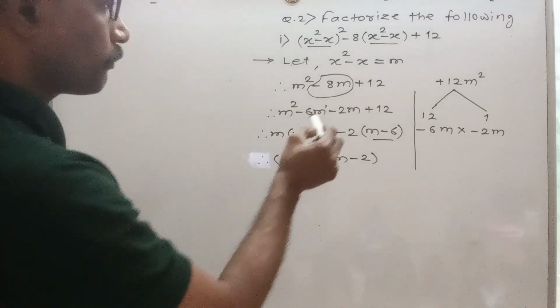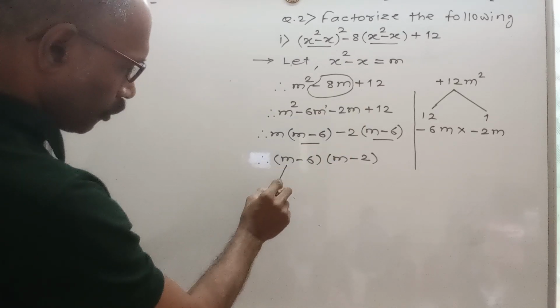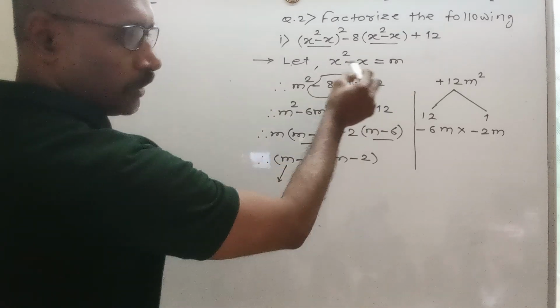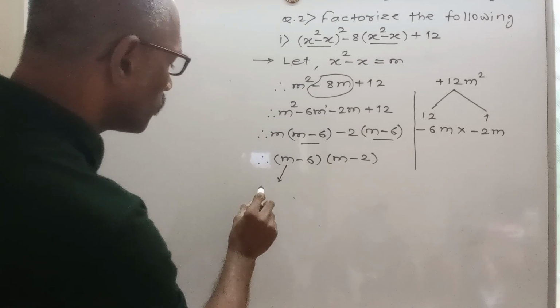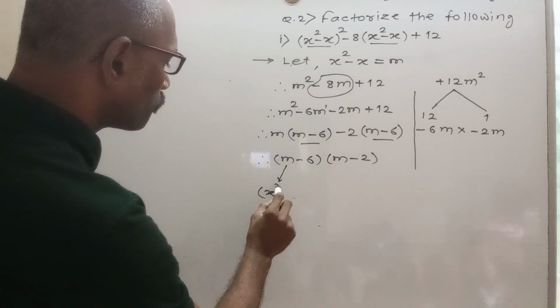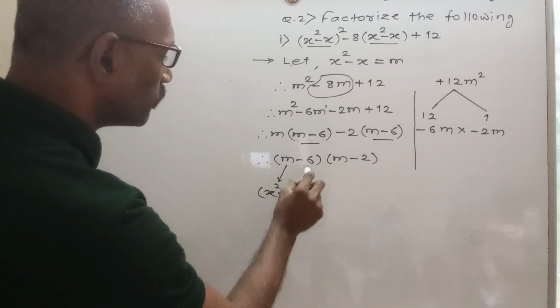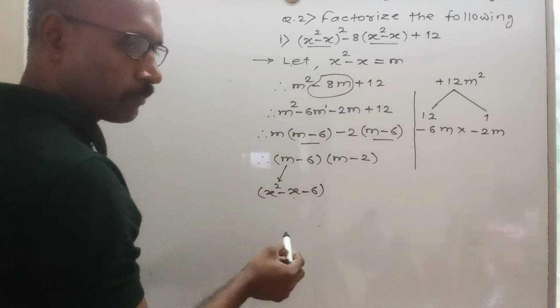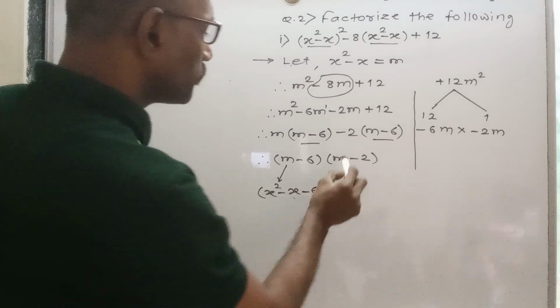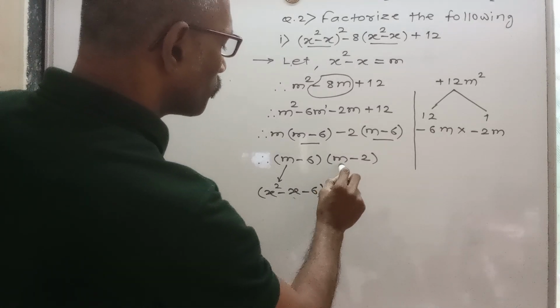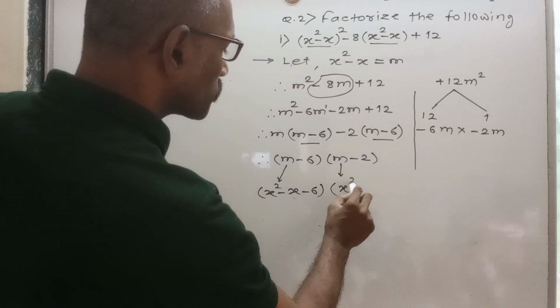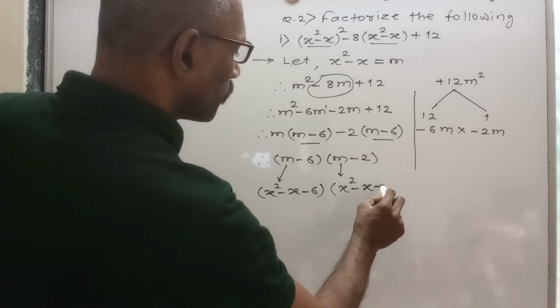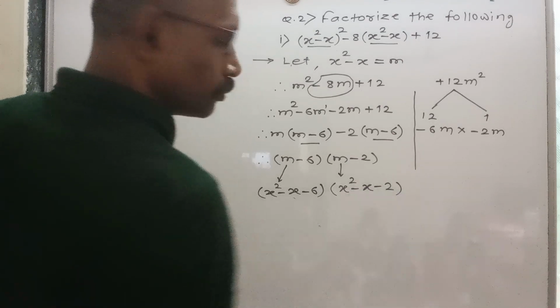Did you understand? Now the value of m is x² − x. We put it here again. See this, instead of m we write x² − x. Did you understand? Here also the same, we put x² − x − 2.